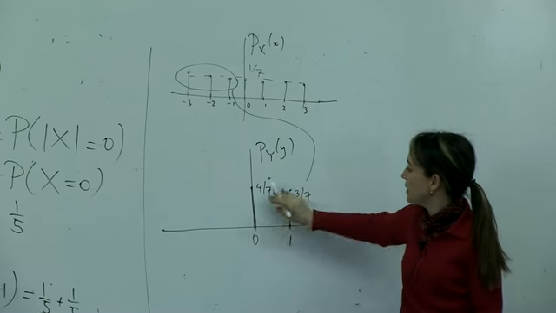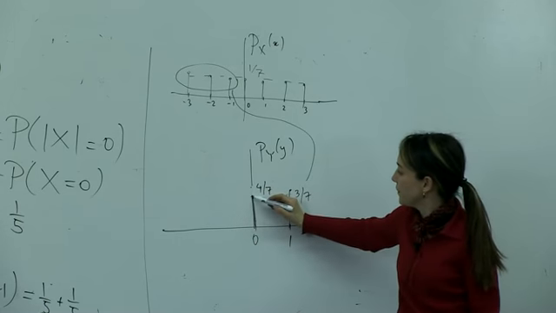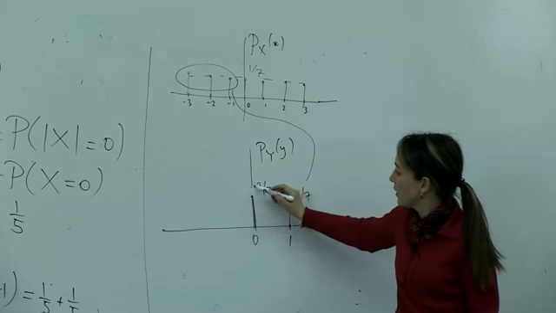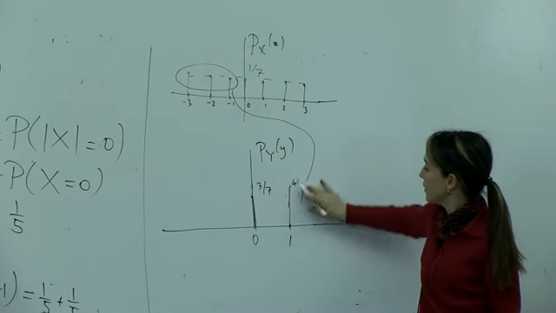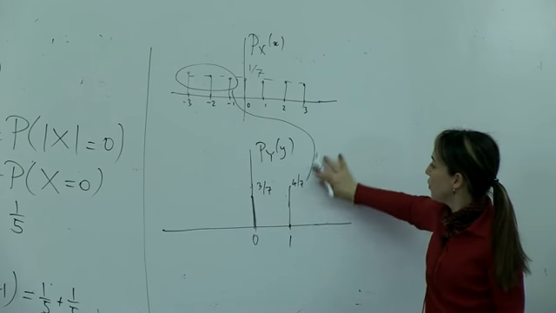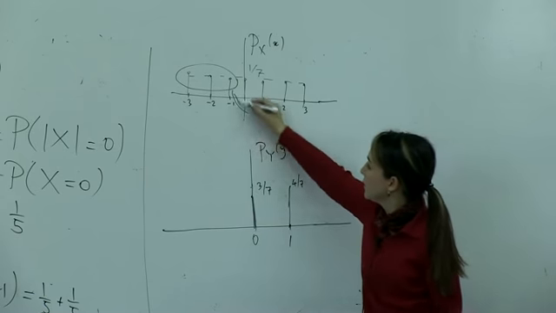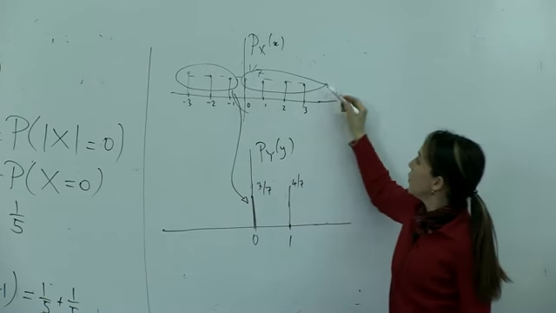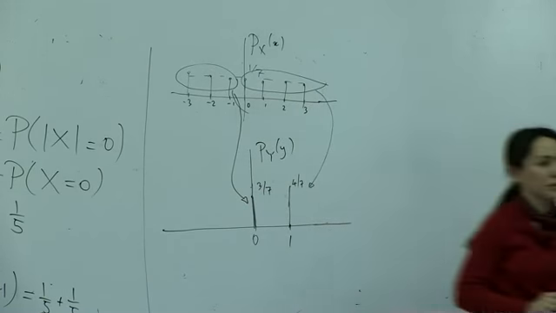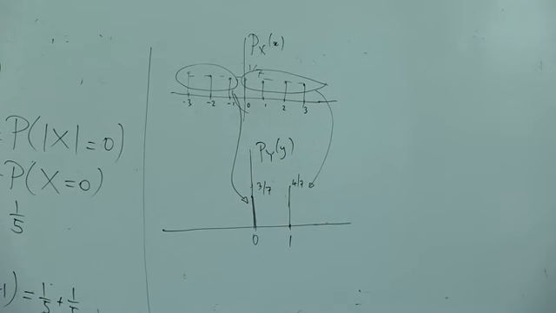This 0 must be 3/7. And this should be 4/7. So for this 3/7, I summed up these weights. And for this 4/7, I summed up these weights. Okay. Any questions?